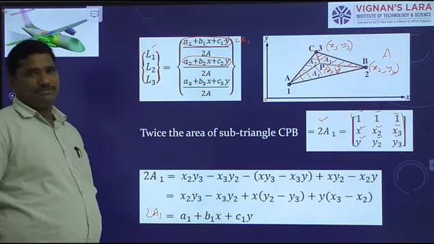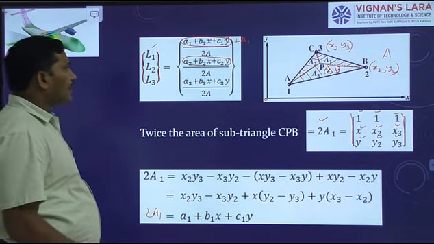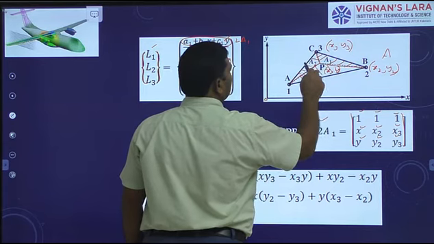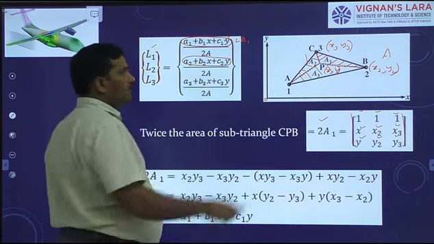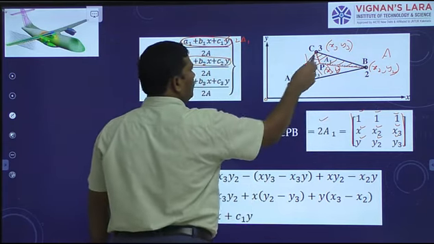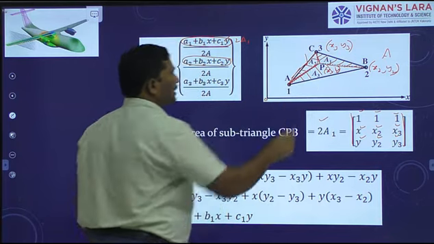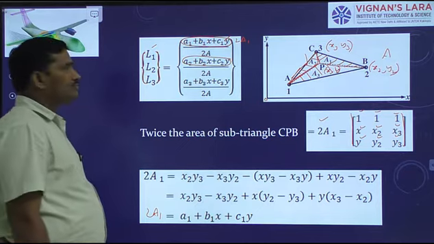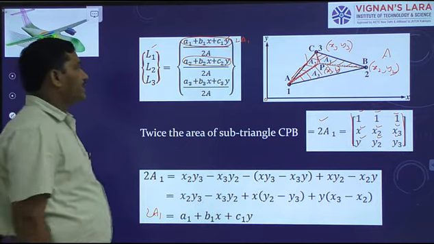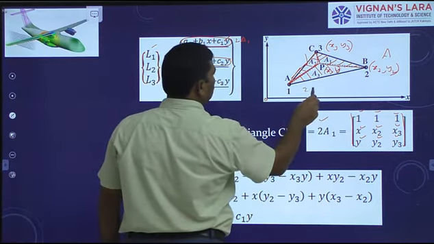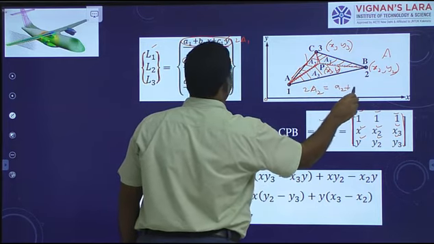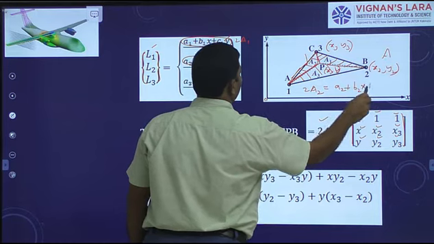This you determine. How? Now what to do is, take the triangle opposite to node 2, this one. This is the triangle opposite to node 2. This you take and determine. If you determine, you get 2A2 equals A2 plus B2x plus C2y.